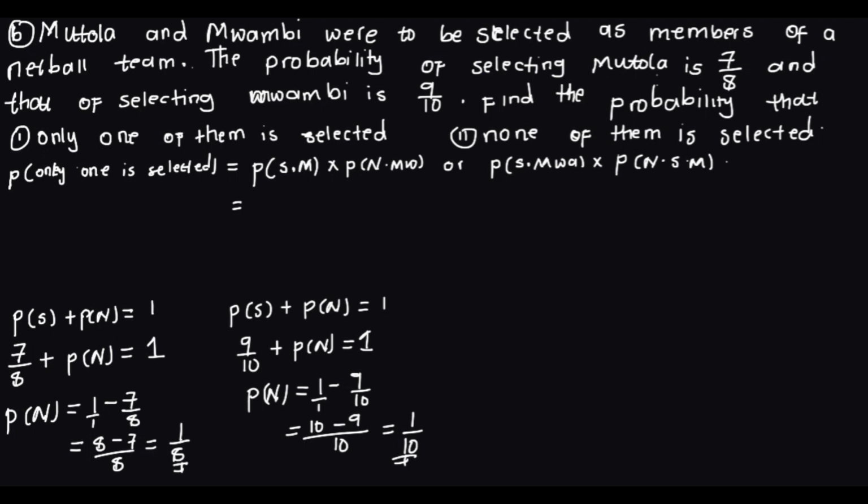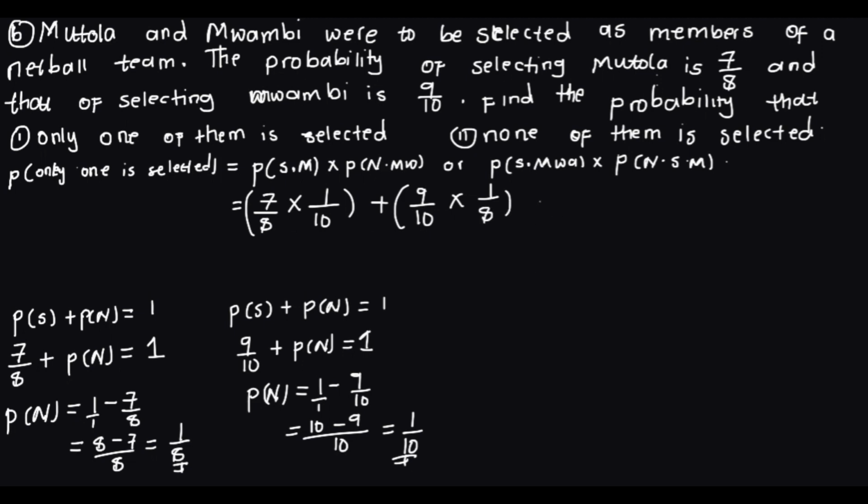So the probability of selecting Mutola is 7 over 8 times the probability of not selecting Mwambi, which is 1 over 10. Then or means plus. Then the probability of selecting Mwambi, it's 9 over 10 times the probability of not selecting Mutola, 1 over 8.